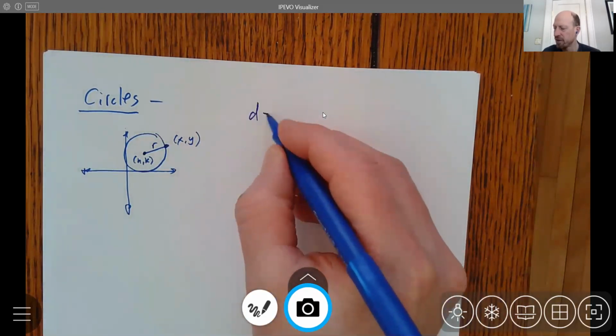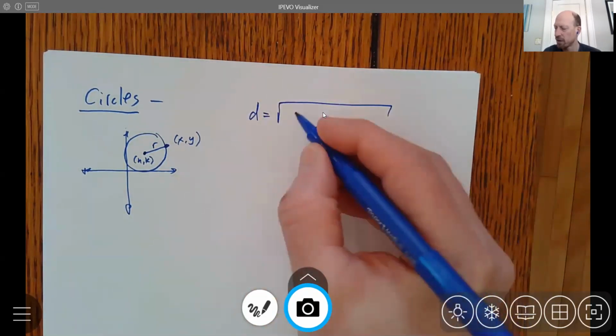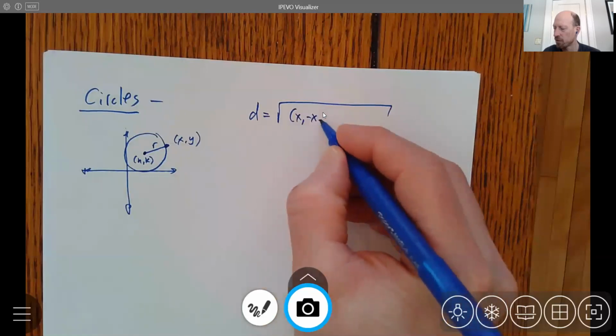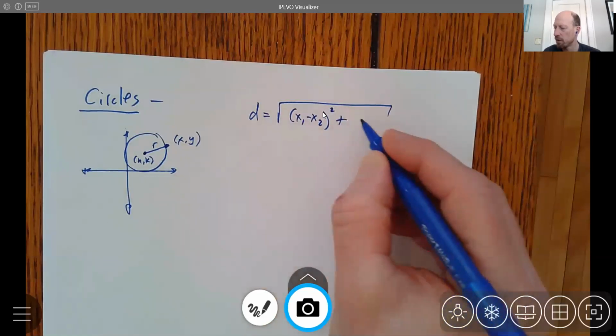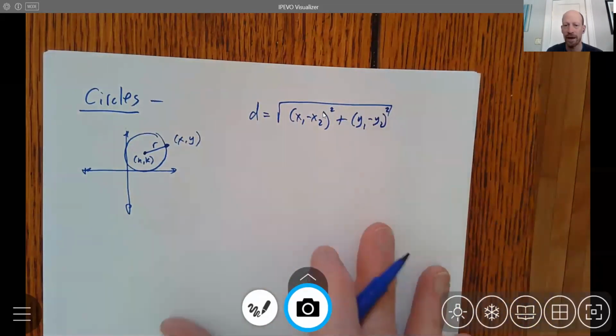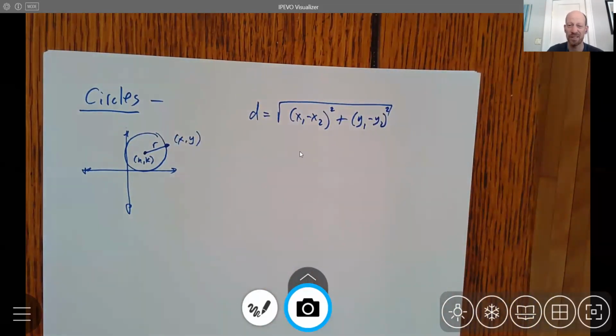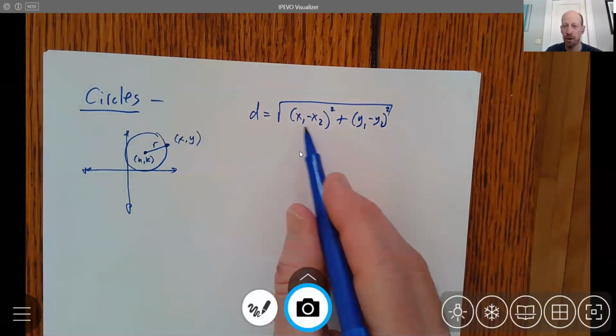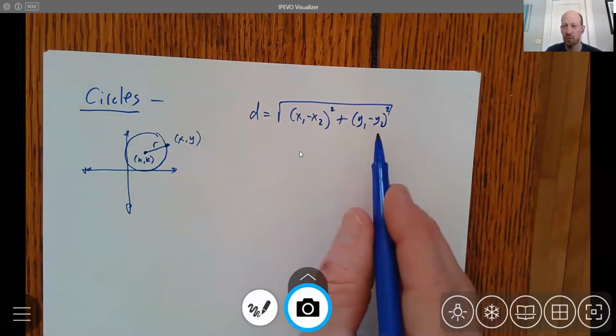The distance formula looks like this: you take x1 minus x2 and square it, and you take y1 minus y2 and square that. That gives me the distance between any 2 points, (x1, y1) and (x2, y2).